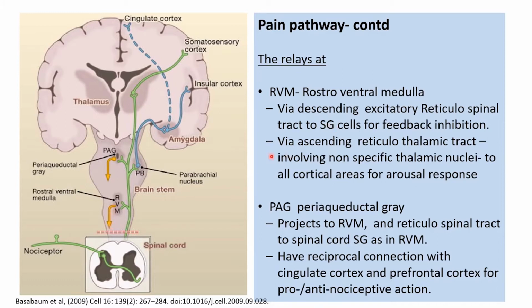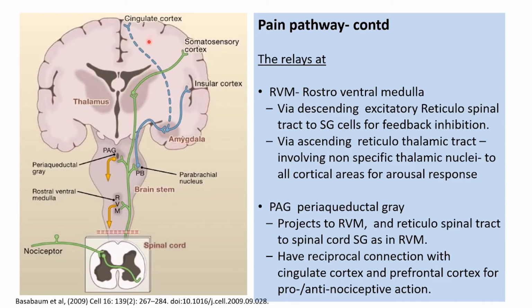At the same time, they form the ascending reticular activating system, and the fibers from the ascending reticular system reach the thalamus, the intralaminar nucleus, and from there it will project onto the entire mantle of the cerebral cortex to produce arousal response.